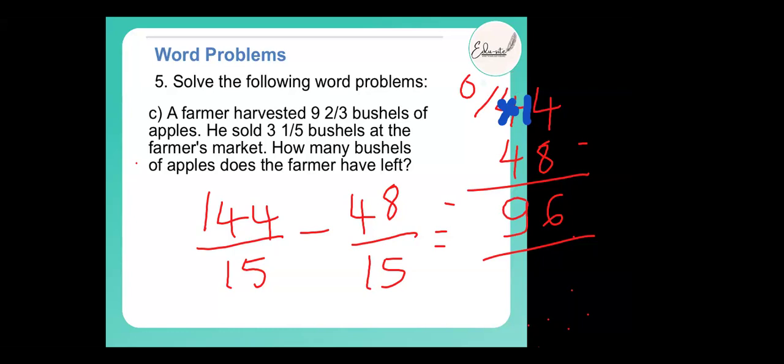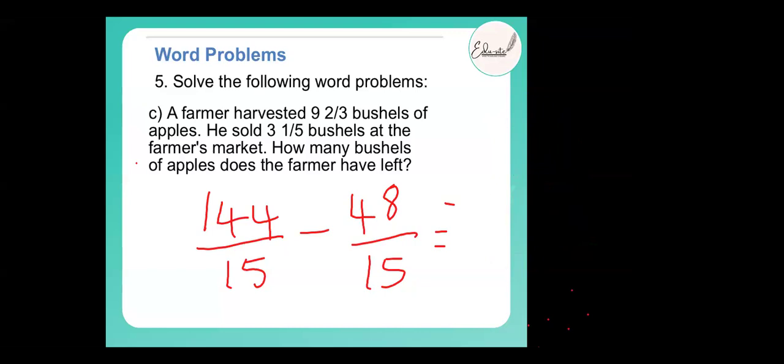So the answer is 96 over 15 bushels, or you can just convert it into the mixed number, Anis.